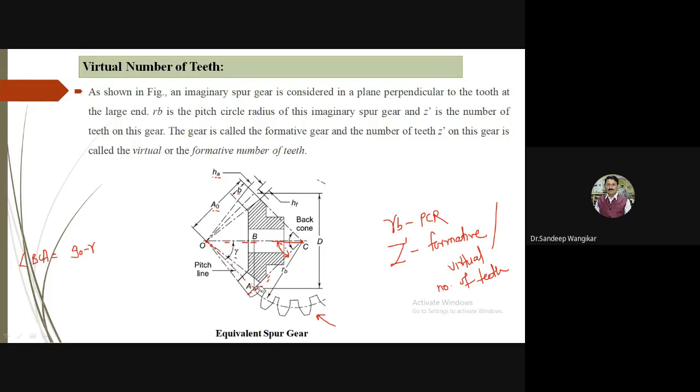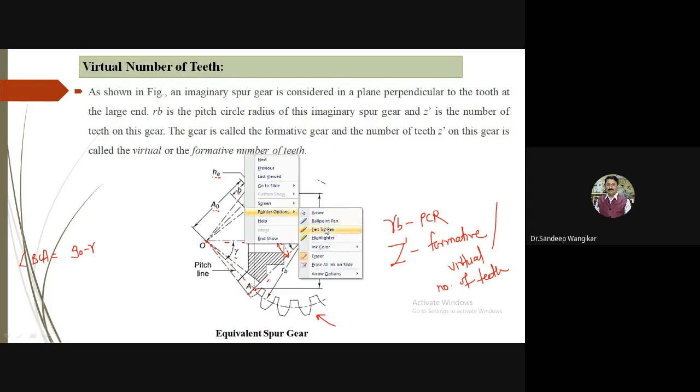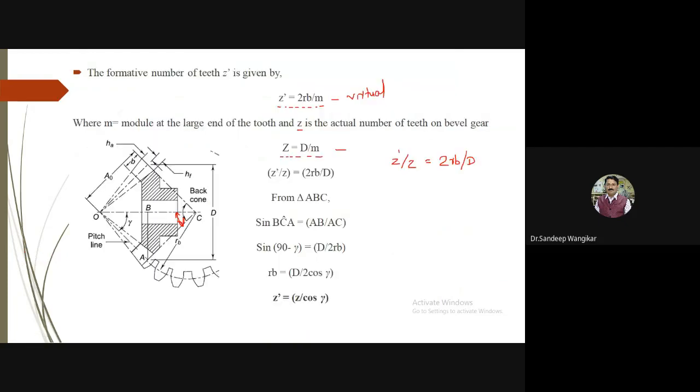We will write it down now. So sine of BCA is equal to AB divided by AC. Very simple. Sine of 90 minus gamma, BCA meaning 90 minus gamma, is equal to the opposite side AB divided by the hypotenuse AC.